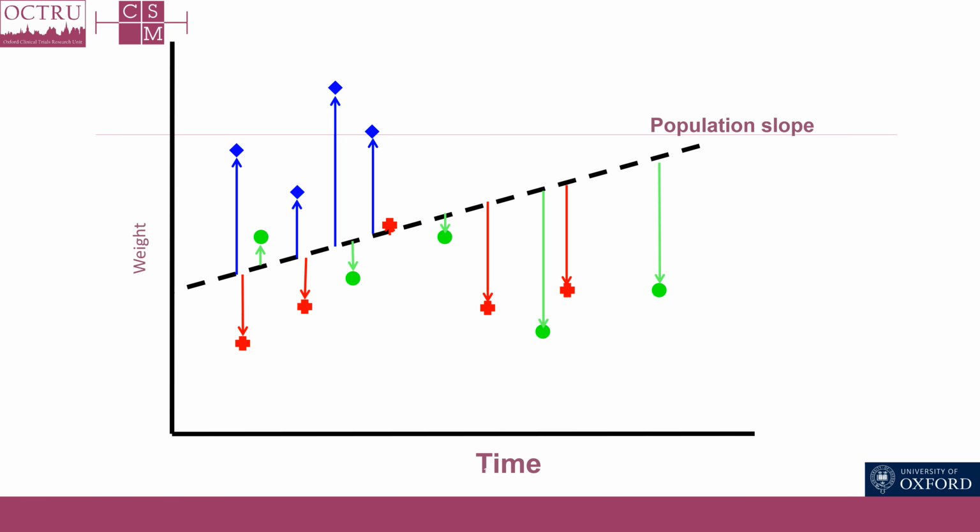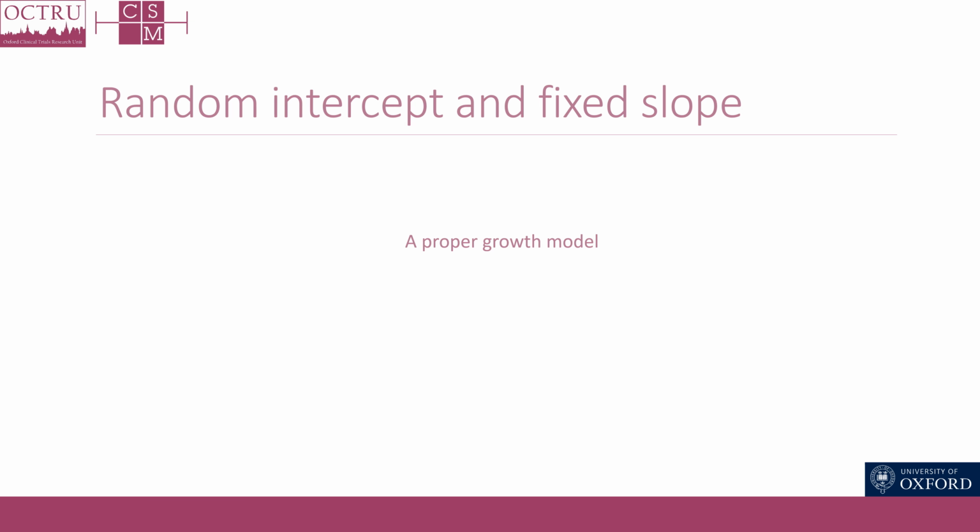Observations within a cluster are more similar to one another compared to observations across clusters. Therefore, if we disregard this clustering, the observations will deviate significantly from the overall slope. We need a proper growth model.